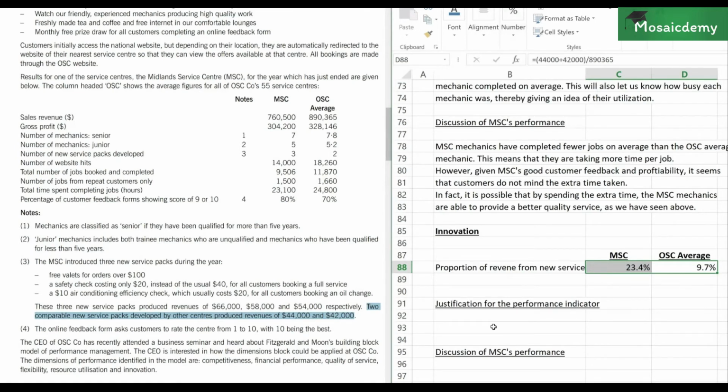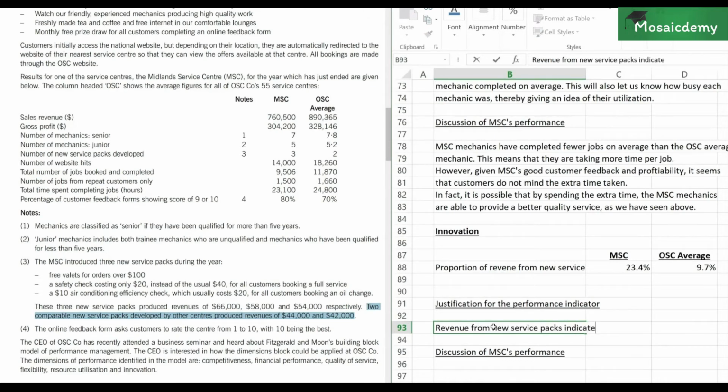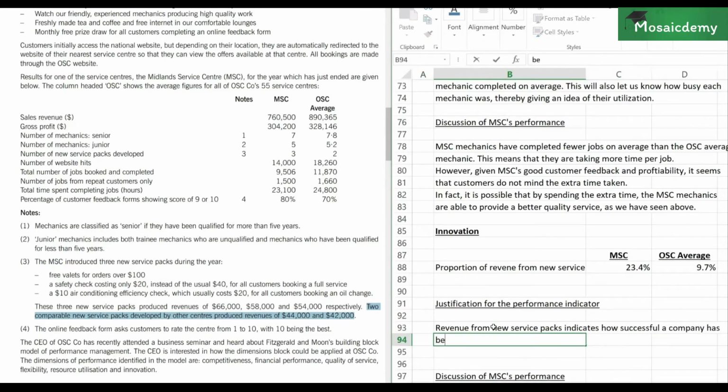And justification. Revenue from new service packs indicates how successful a company has been in introducing new products and services to the market, thereby showing their innovation.